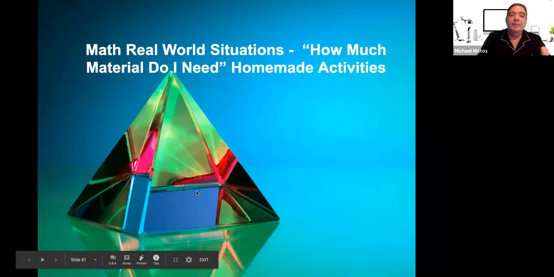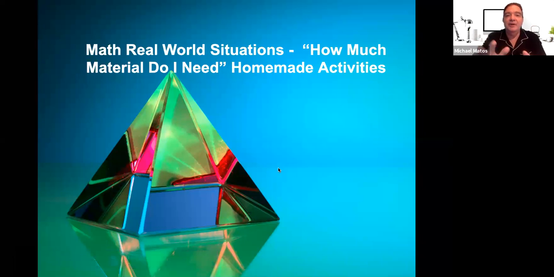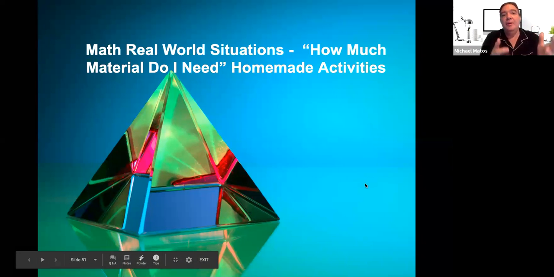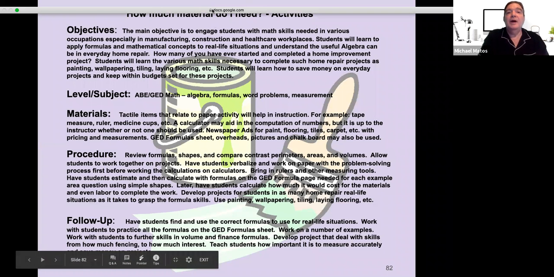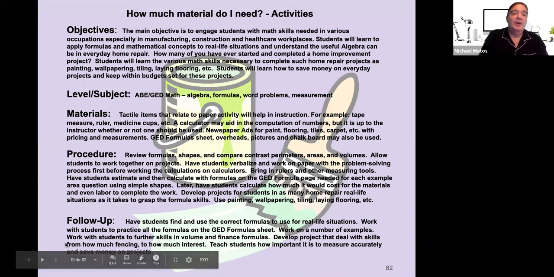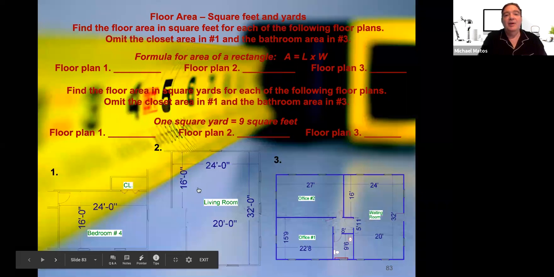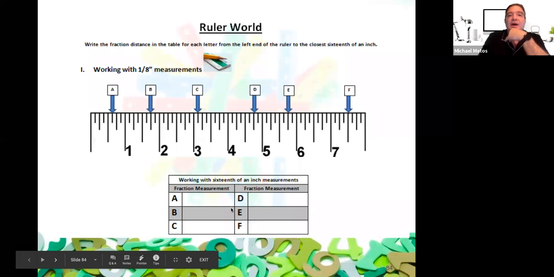Some more geometry related, workplace related, everyday life related skills. I call them how much material do I need activities, and I have quite a few of them. For example, how much material do I need to paint? Just looking at floor plans and evaluating that with, of course, the formulas.